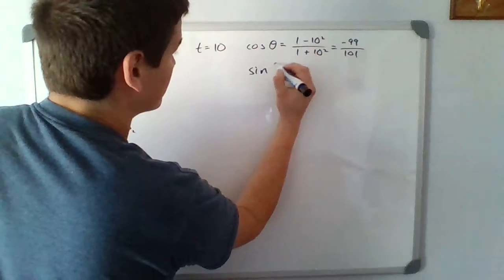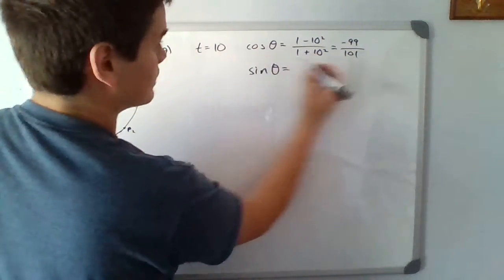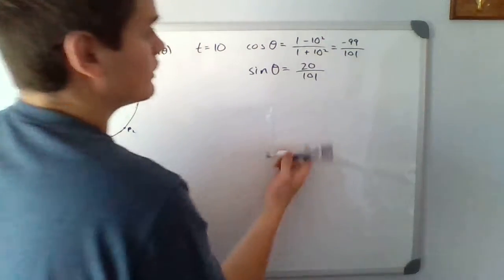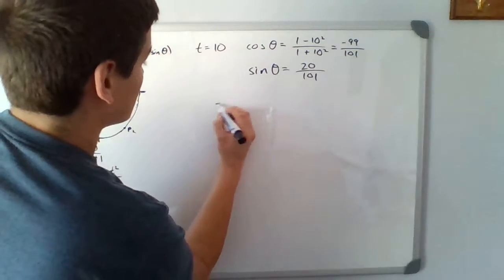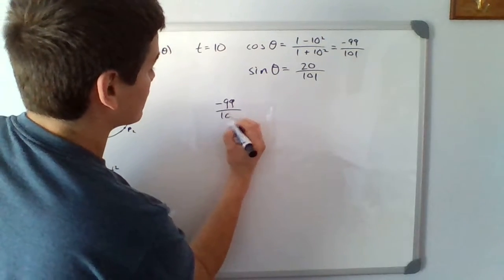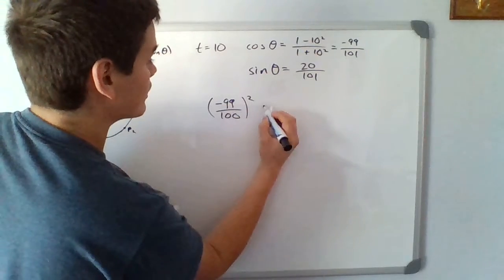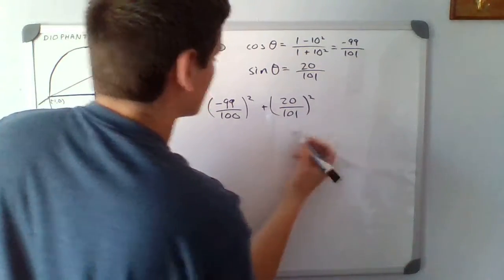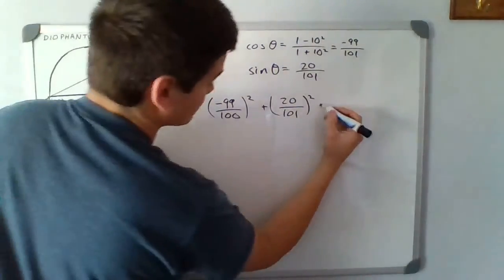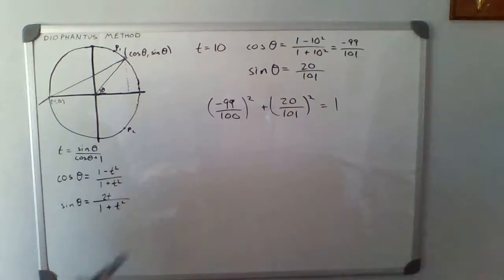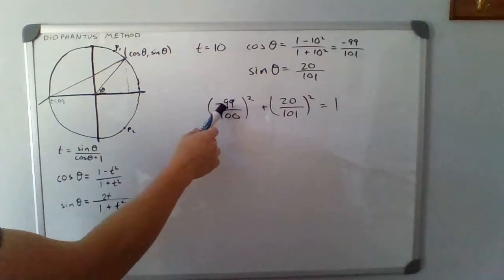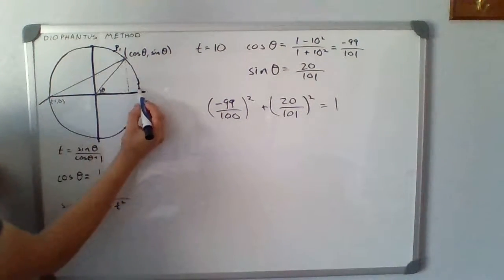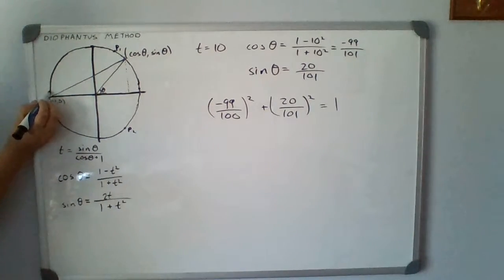And then sine theta is going to be 2 times t, so 20, divided by 1 plus t squared, so 101. So negative 99 over 101, and we could just plug that in as well. Negative 99 over 101 squared plus 20 over 101 squared. We can verify that it's a point on the unit circle by checking that. And this is exactly the same as before. We just have the negative value here. So t equals 10 gives me the reflection over on this side. It gives me that point over here.